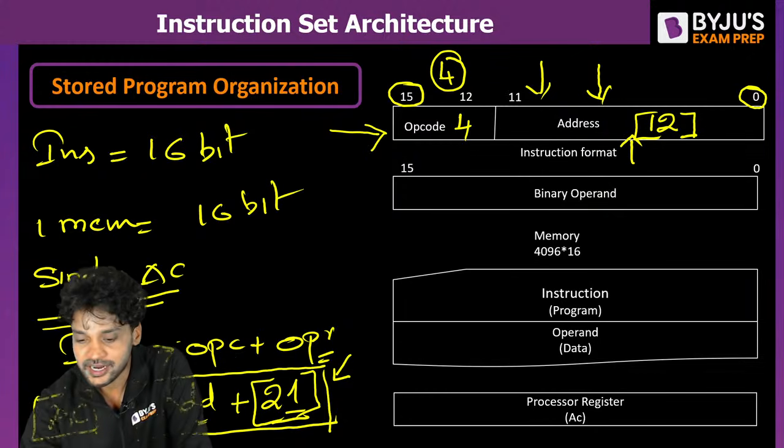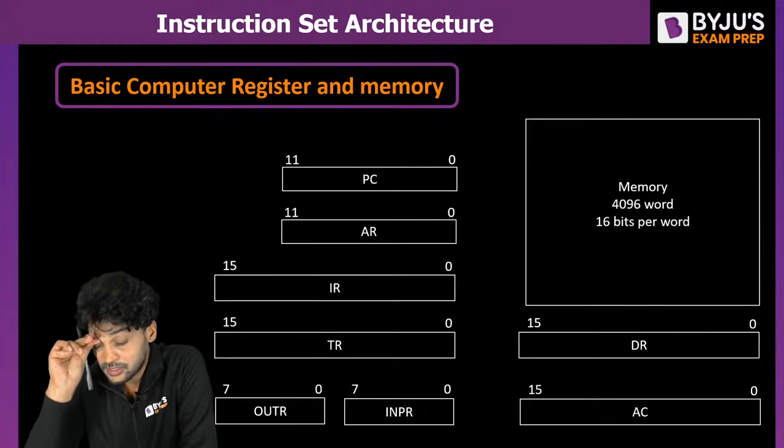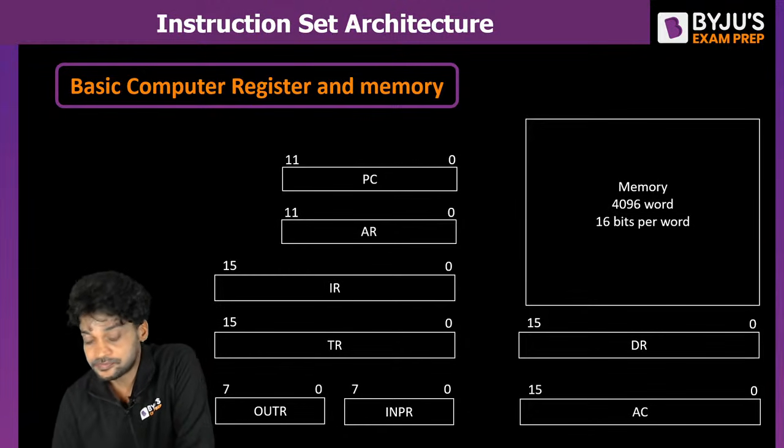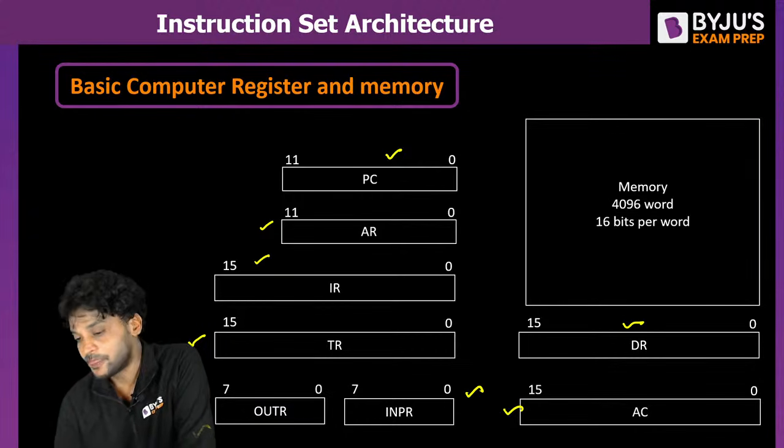Now, there are several registers here. In the single accumulator organization, I have altogether a total of 8 registers: program counter, address register, instruction register, temporary register, data register, input register, output register, and accumulator.